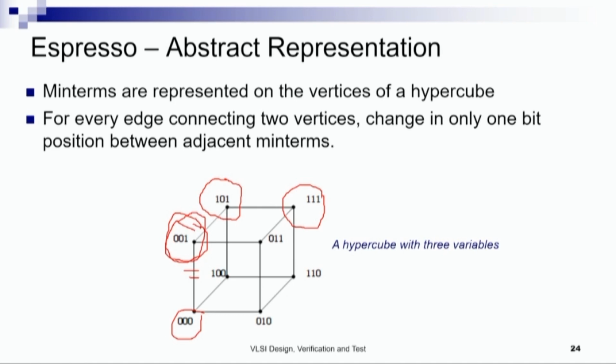So it has changed in only one position, the LSB position. Similarly, this one is 0, 0, 0, this one is 1, 0, 0. It has again changed in only one position. So adjacent min terms which are connected by an edge on the cube always change in 1 bit position.